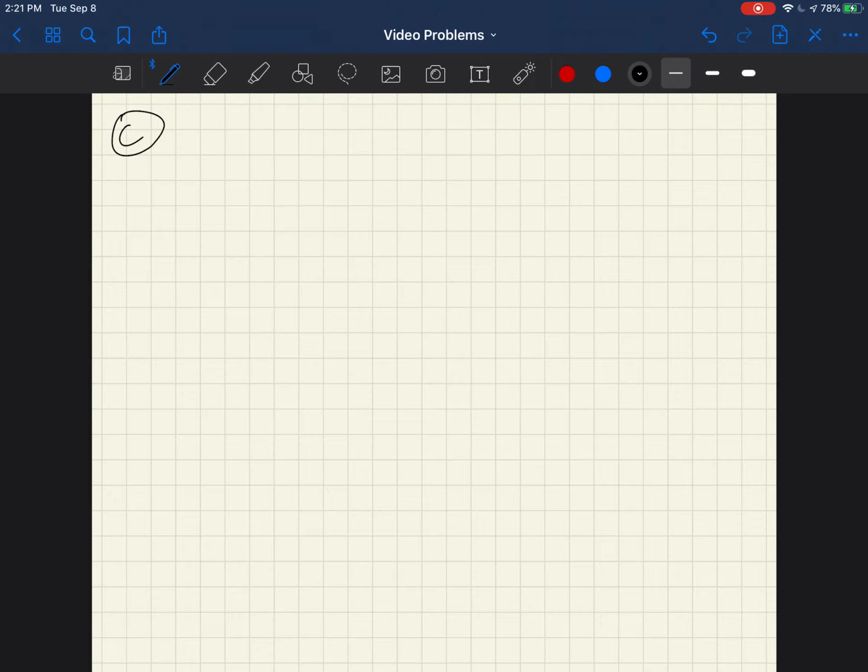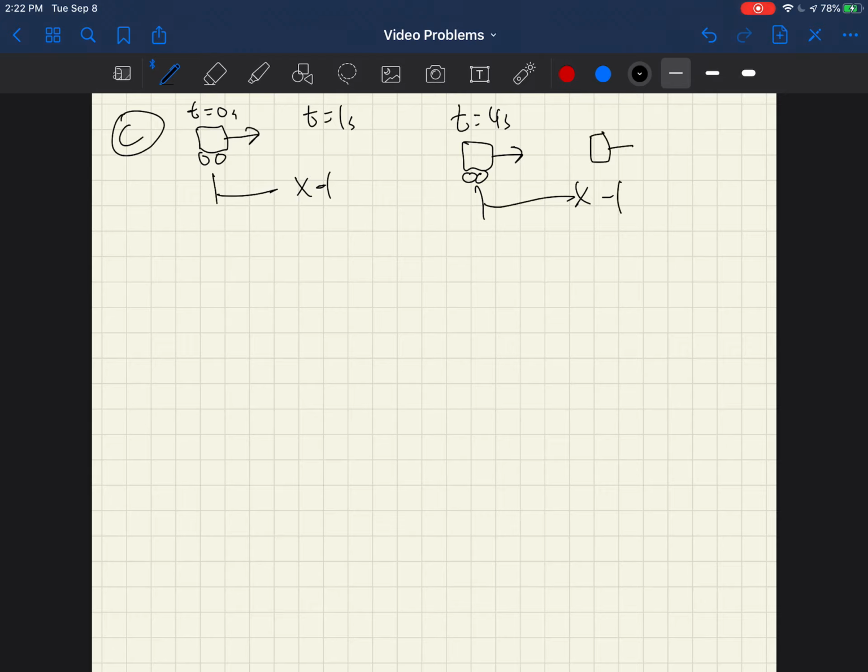So to me it's saying how far does the car travel from time equals 0 to time equals 1 second? And then separately, it's asking for time 4 seconds to time 5 seconds, okay? So it would be the first second and the fifth second.